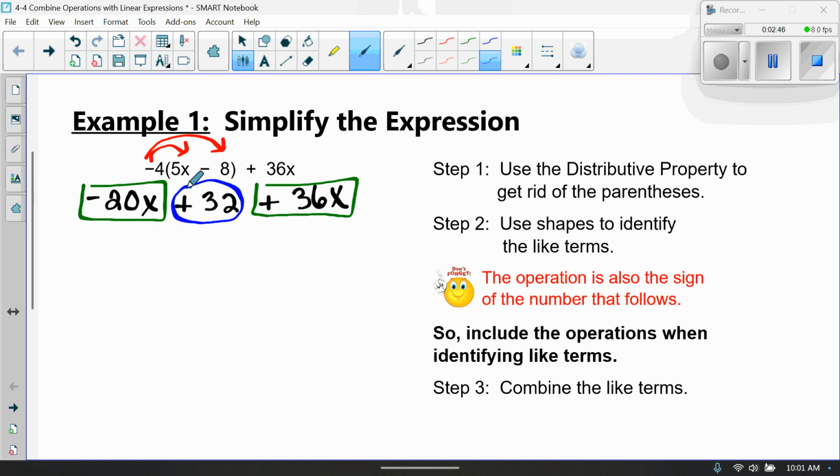So when we put together -20x plus 36x, that's going to give us a positive, because the bigger number is 36, so that's going to be a positive 16x. And then we don't have to add the 32 to anything, we just bring it down. So plus 32, and that is your final answer.